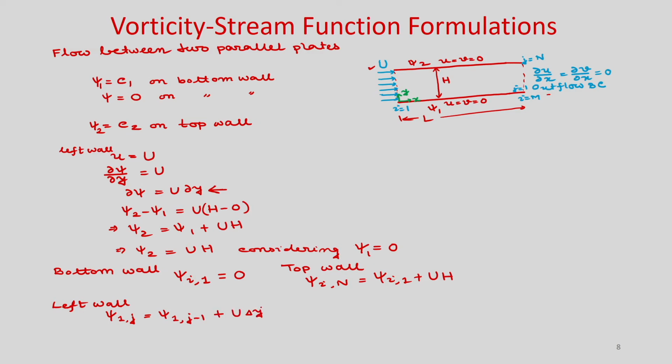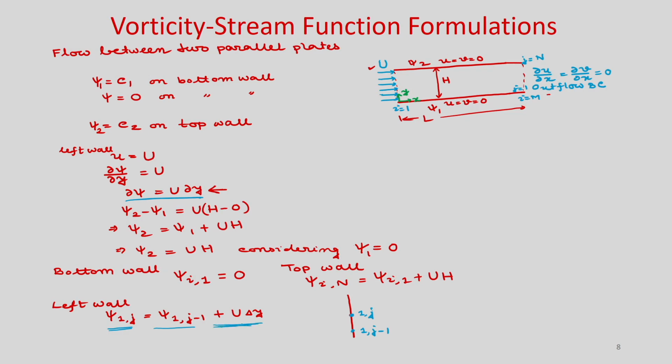So, delta y is the grid spacing. You can see it is your left wall, left boundary, inlet boundary. If this is your 1 j and this is your 1 j minus 1, from this integration you can write psi 1 j is equal to psi 1 j minus 1 plus u delta y.